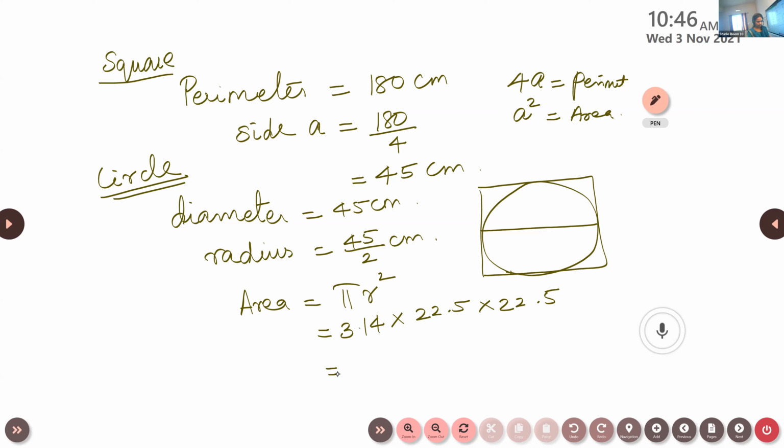What will be the answer? Ma'am, 1599.625. Is it correct? Others check it, Pranav. Is it correct, Pranav? Ma'am, I didn't complete. Okay.